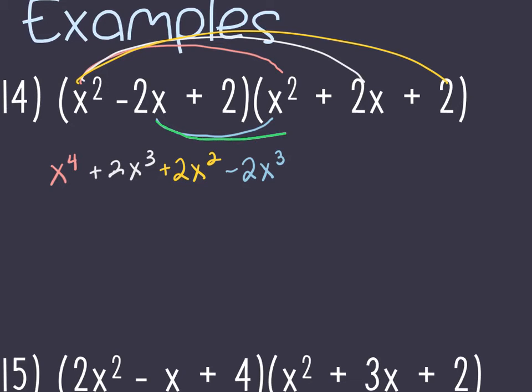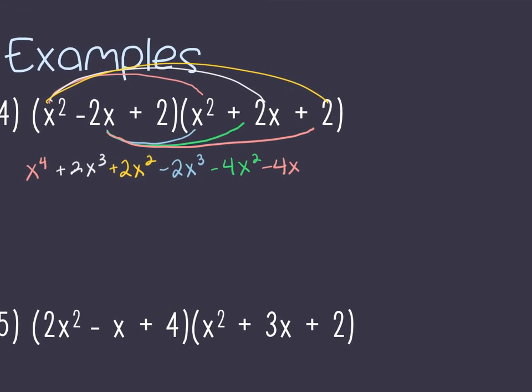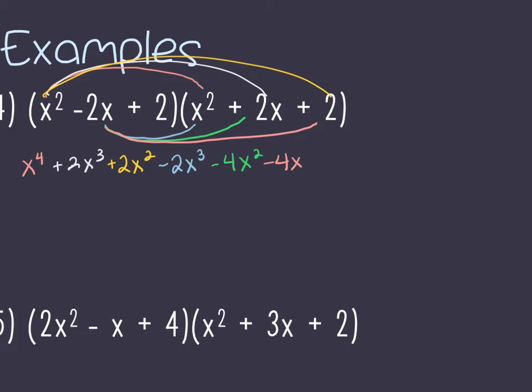Then negative 2x times positive 2x, negative 4x squared. Then negative 2x times positive 2, negative 4x. Last term, again by all of them, 2 times x squared, positive 2x squared. 2 times 2x, positive 4x. 2 times 2, positive 4.